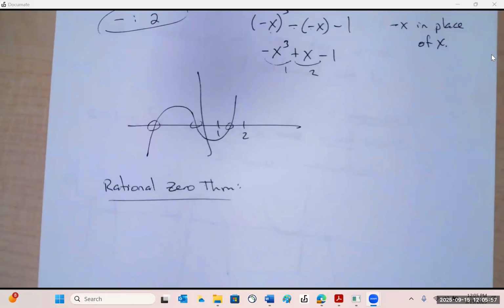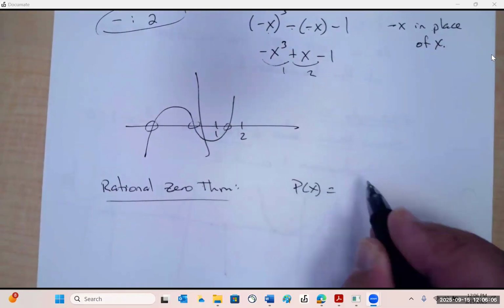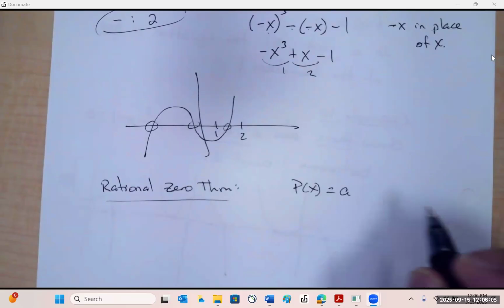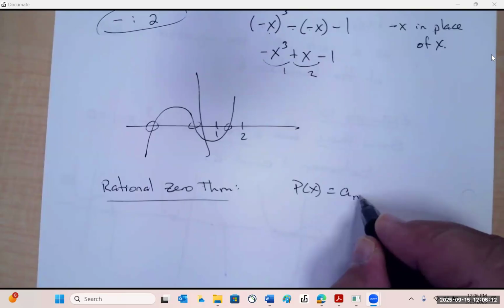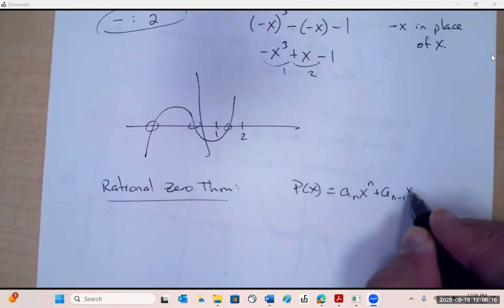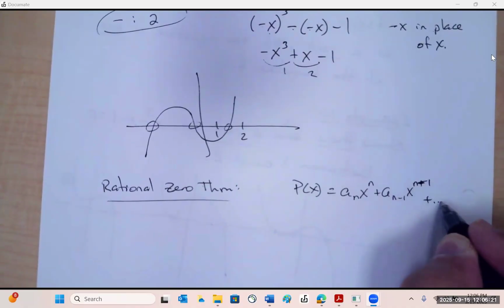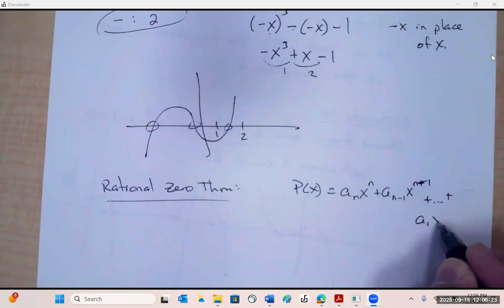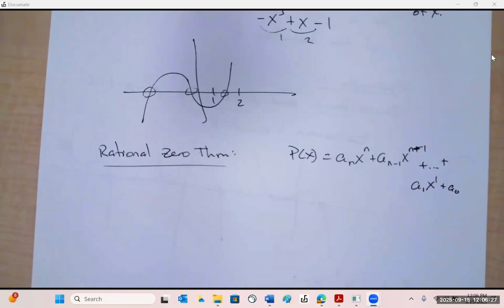The rational zero theorem. Every polynomial looks like this.